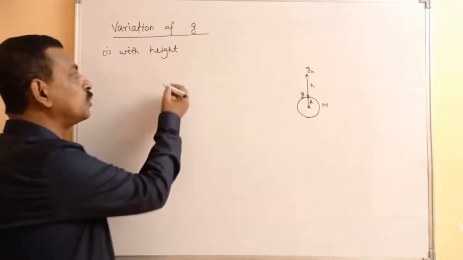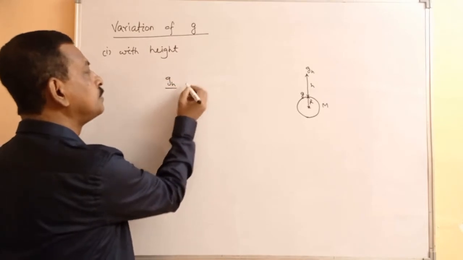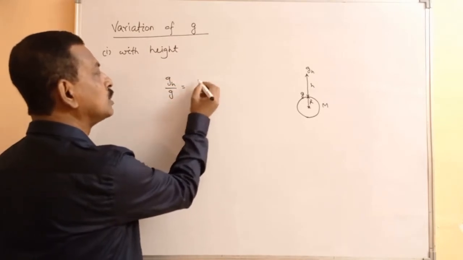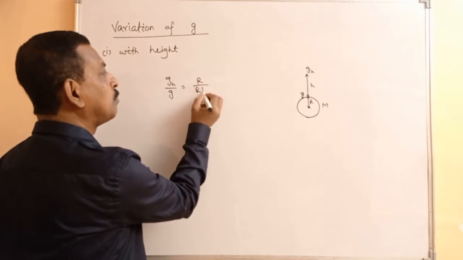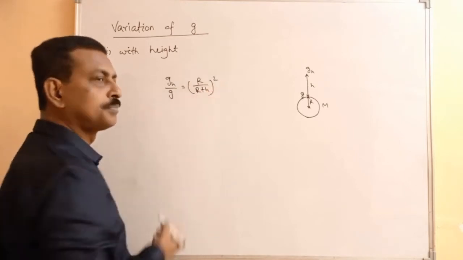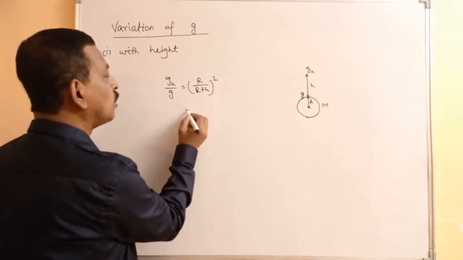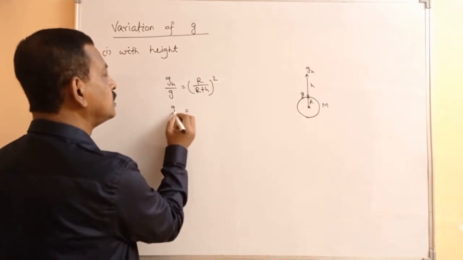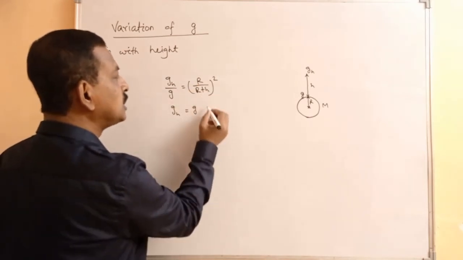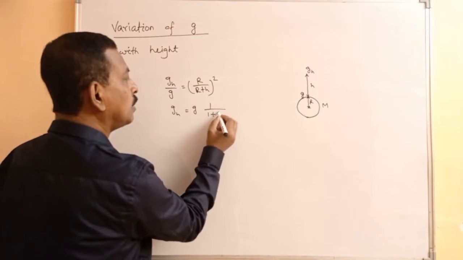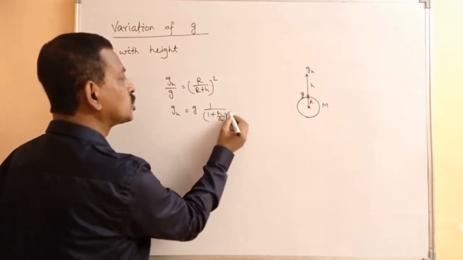Now, as we have gh by g equals (r by r plus h) whole square, this can also be written as gh equals g into 1 by (1 plus h by r) whole square.